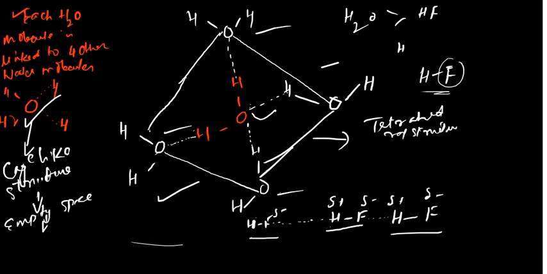So now we have understood two abnormal properties of water. One is why the density of ice is lower than that of water, and second is why the boiling point of water is greater than that of hydrogen fluoride, right. And now let's look into some more properties.